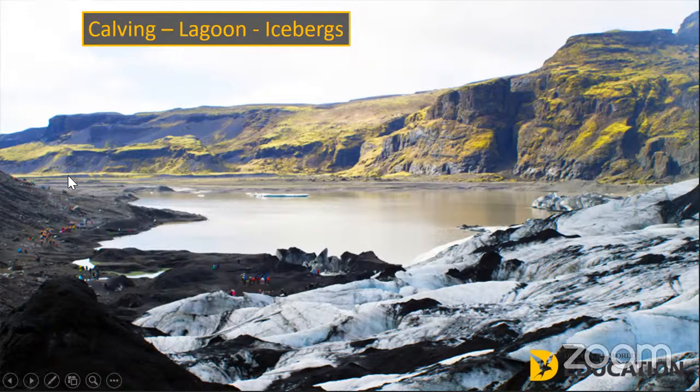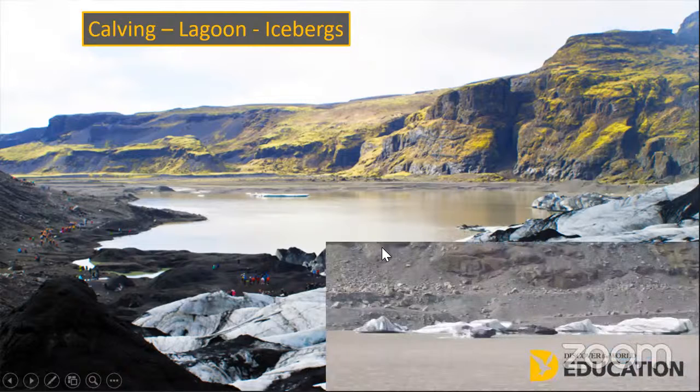Now, as carving takes place from the snout, the glacier continues to retreat and the lagoon really develops in size, and icebergs start to appear in the lagoon. During the summer and the spring, this lagoon is often filled with icebergs of all different sizes.